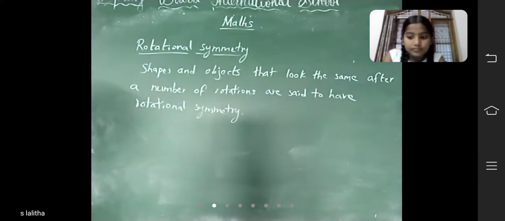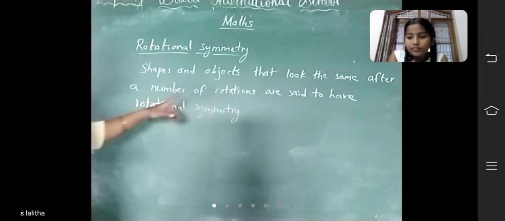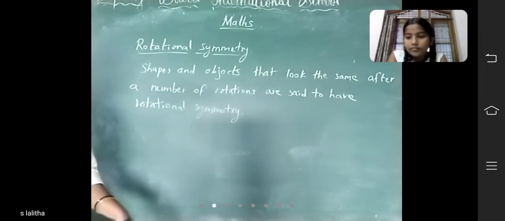So shapes and objects that look the same after a number of rotations are said to have rotational symmetry.